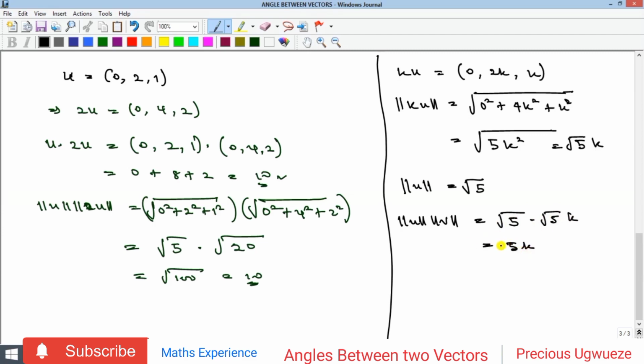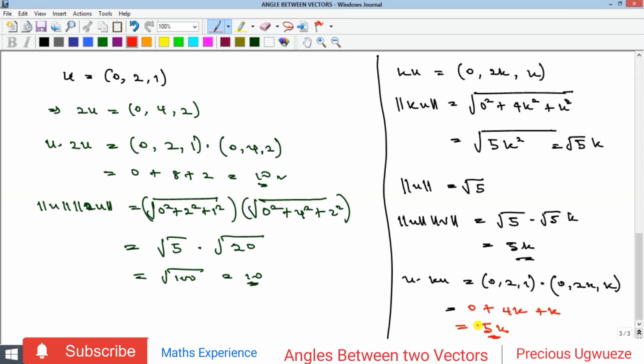That's the product here. Now we need to take the dot product of u and the ku. This dot product is 0, 2, 1 dotted with 0, 2k, k. This by this is 0, plus this by this is 4k, plus this by this is k, and if you add these up, you will have 5k.